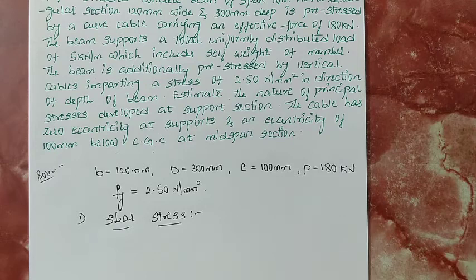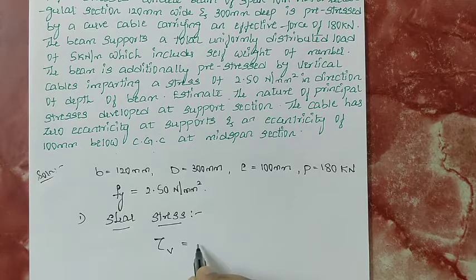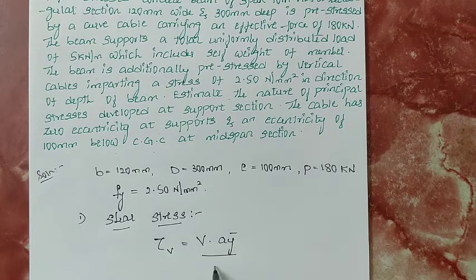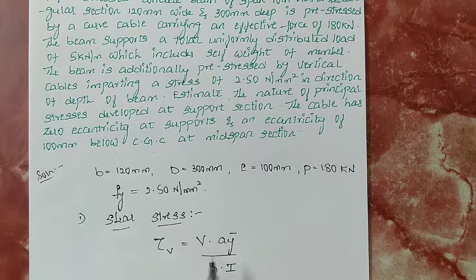Okay, in order to calculate that shear stress value, it is given by tau V equals to V into A into Y bar divided by B into I. Okay, first you need to calculate V, that is the net shear force at the support, and area into Y bar, width they have given, and I you need to calculate it. Okay, calculate one by one now.